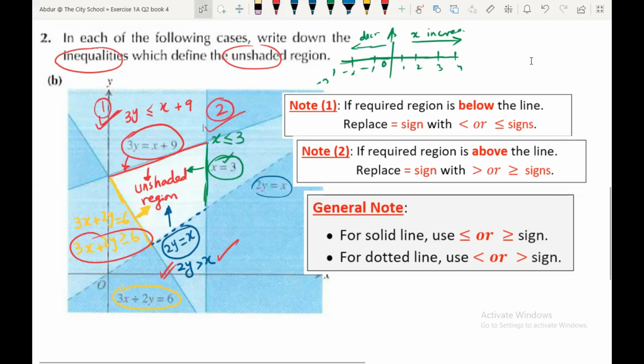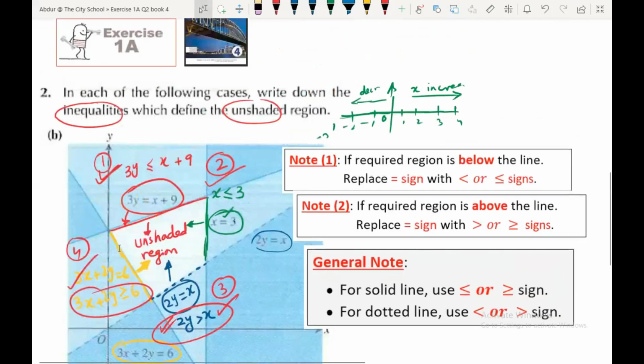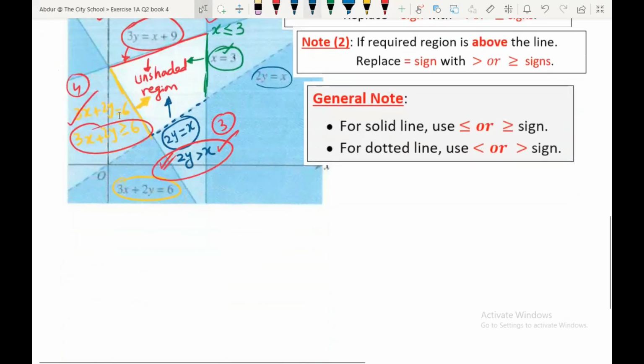Number three, 2y is greater than x, and number four, no need to write in order, is 3x plus 2y is greater than or equal to 6. So write down the answer, because the question was to write down the inequalities which define the unshaded region.